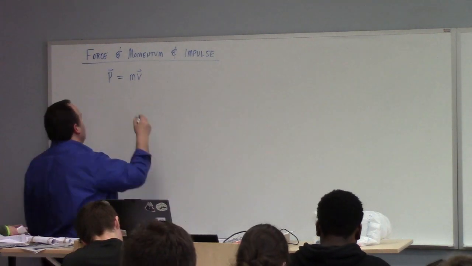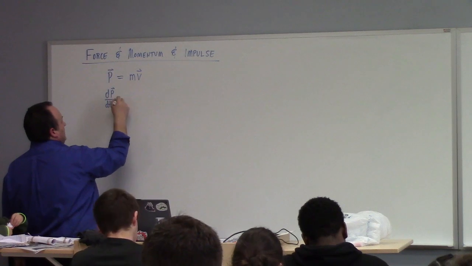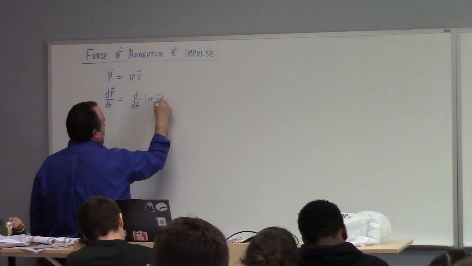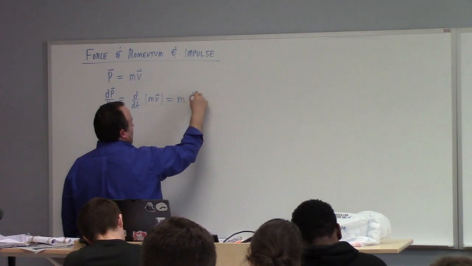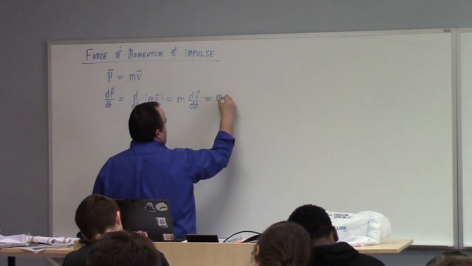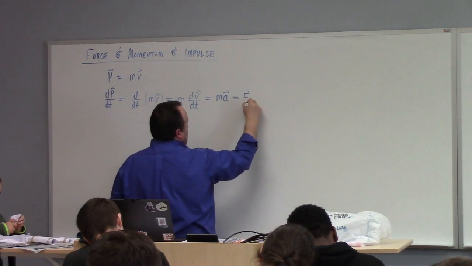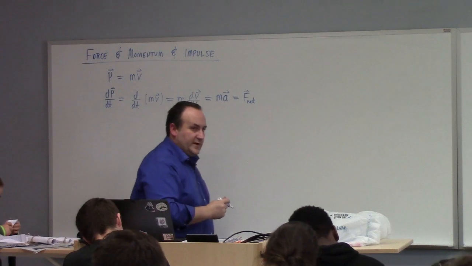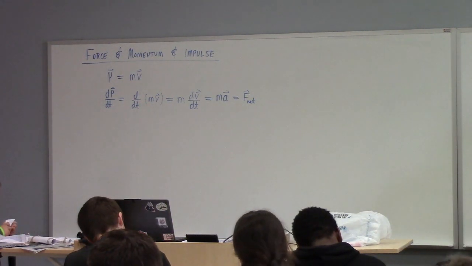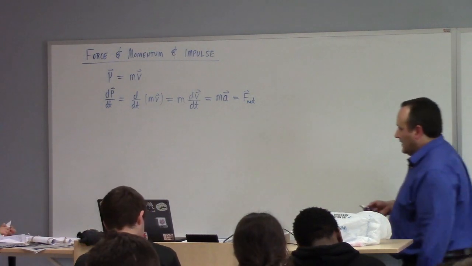And we saw that if we calculate dp/dt, that's d/dt of mv, which is m dv/dt. For a single particle, that's mass times acceleration, obviously, and so that's equal to the net force, right? This is Newton's second law. So Newton's second law we can rewrite as dp/dt equals the net force.